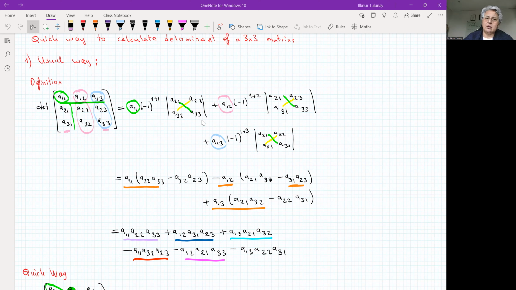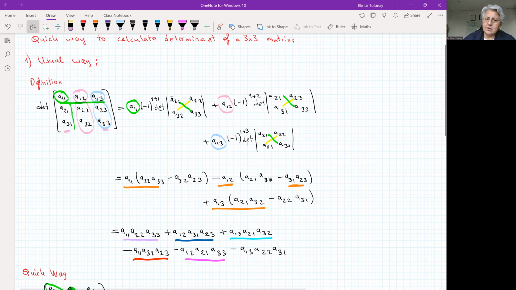Actually, this absolute value notation is usually used for the determinant in general, but let me write it down here, determinant, to make my point clear. So we would like to calculate the determinant of this smaller matrix and similarly of these matrices. To calculate the determinant of a smaller matrix, we multiply the main diagonal minus the opposite diagonal.